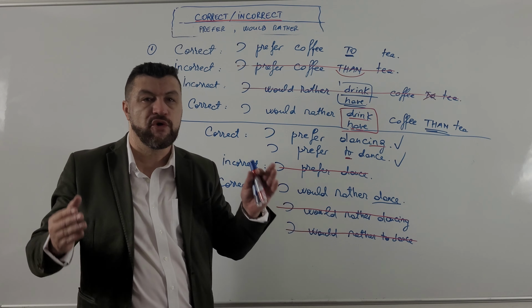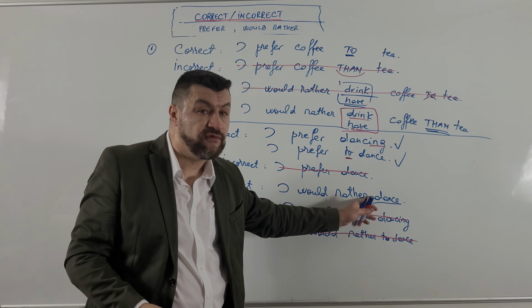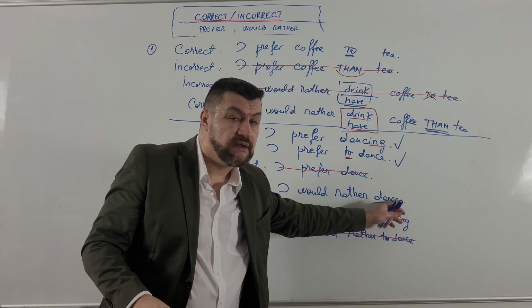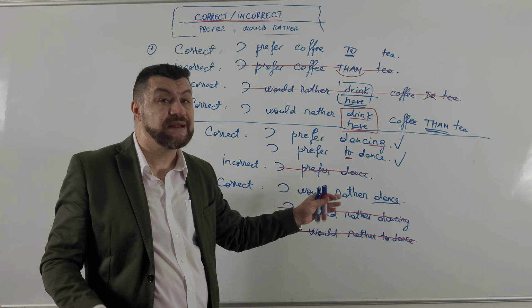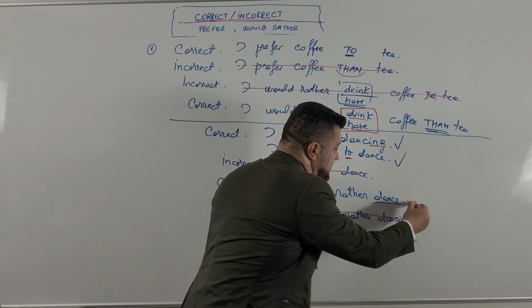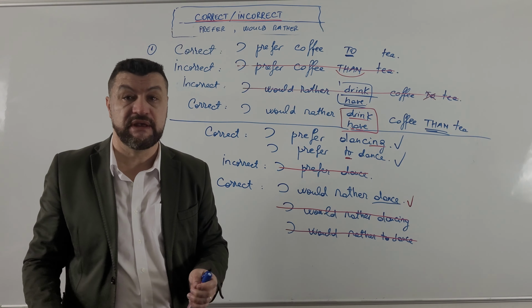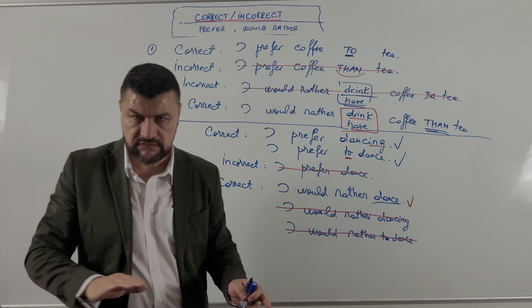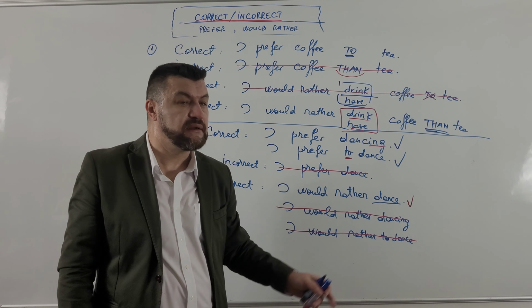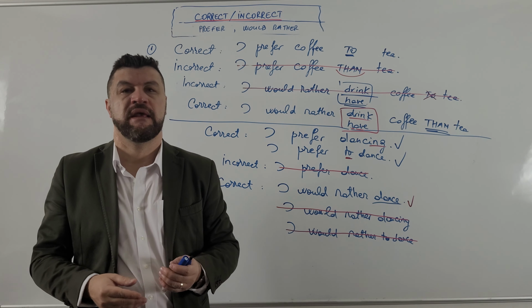With would rather, we already know that we must place a verb without the particle to and without an ing at the end. So we say, I would rather dance. This is the only correct one. And the mistakes would be, I would rather dancing. No. I would rather to dance. No. I would rather dance.